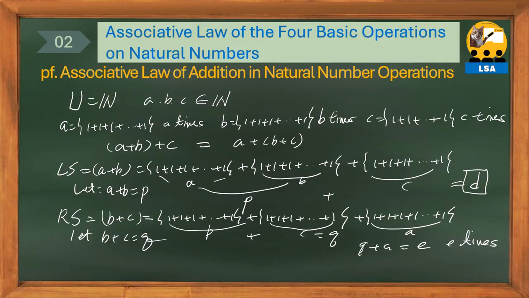However, since the three numbers used are the same total number of ones, the result of the left side and the result of the right side are equal, so D equals E. Therefore, we conclude the proof. Did you understand well?